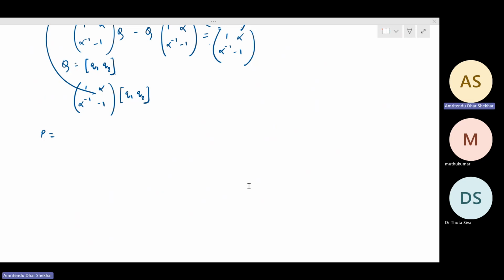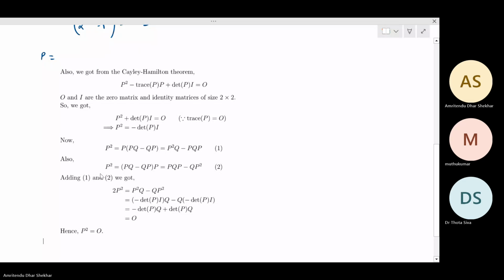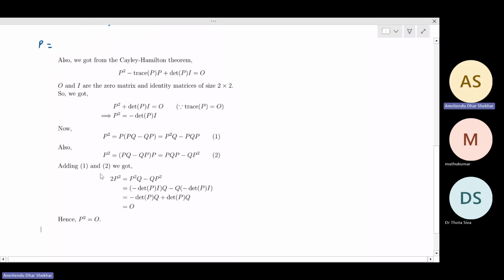Okay, so this is the solution. Yeah, so the solution is as follows. I'm just copy pasting the solution from the portal.